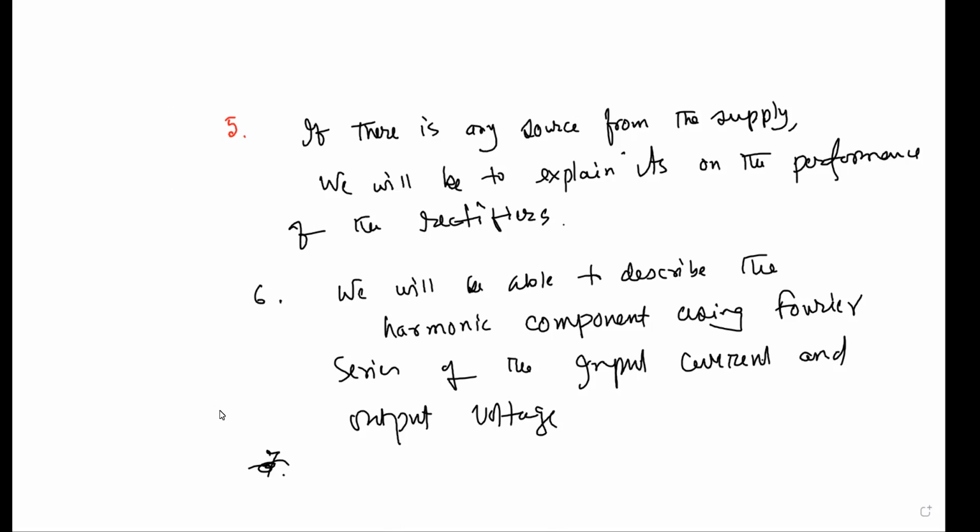Now, I'm going to describe some of the symbols that will be used here. If it is ID average, then you have to understand that this is the diode current.